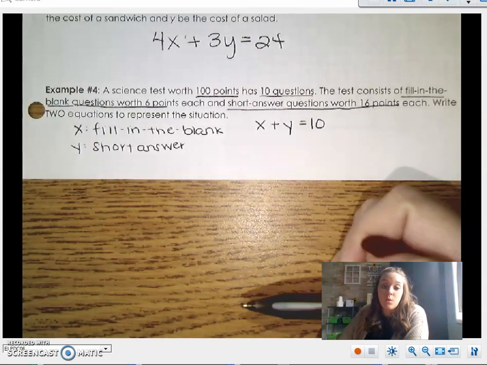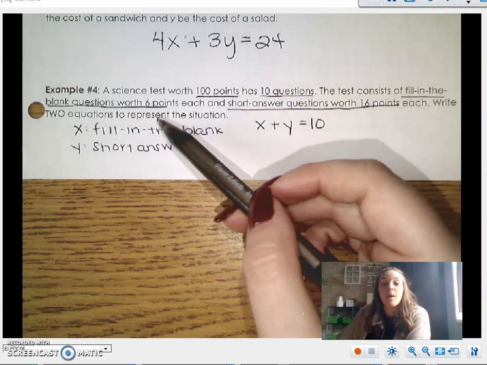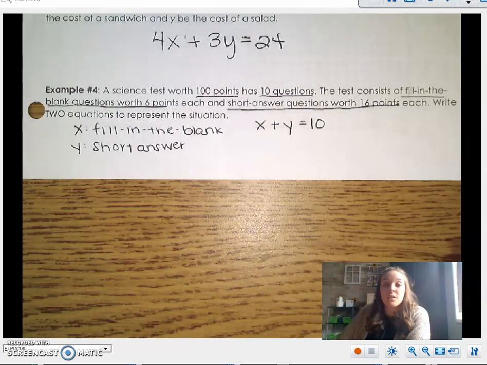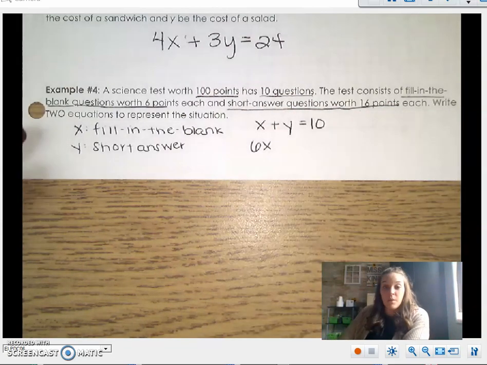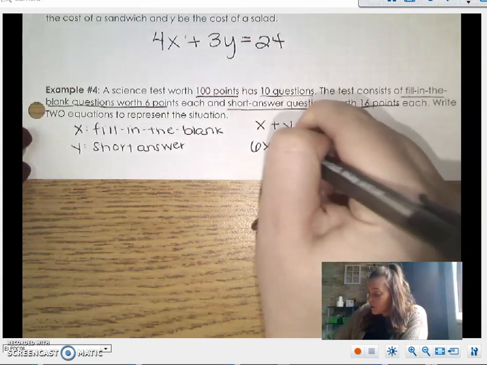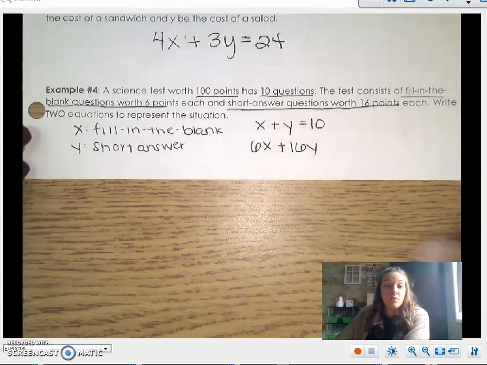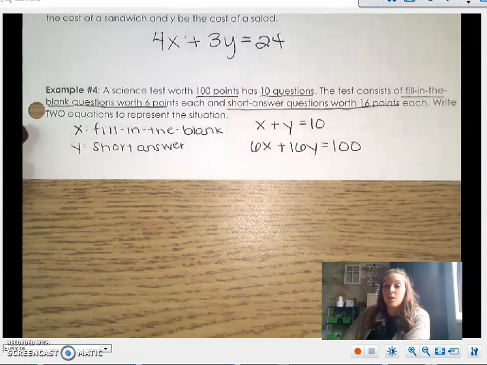There's only 10 questions. Then I could write another equation about the points. Well, the fill-in-the-blank questions are each worth 6 points, so I could say 6 per fill-in-the-blank plus 16 per short answer has to equal 100 points.